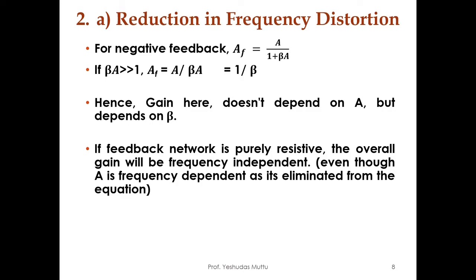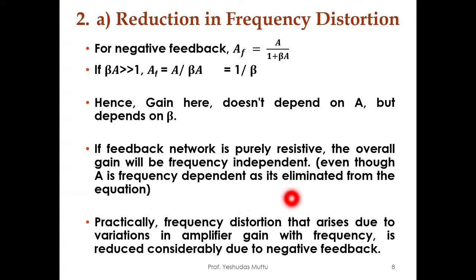L and C are what? They are frequency dependent components. So if those frequency dependent components are not there, then there won't be a question of frequency distortion arising, because only resistive components are made use of, and the overall gain will be frequency independent.